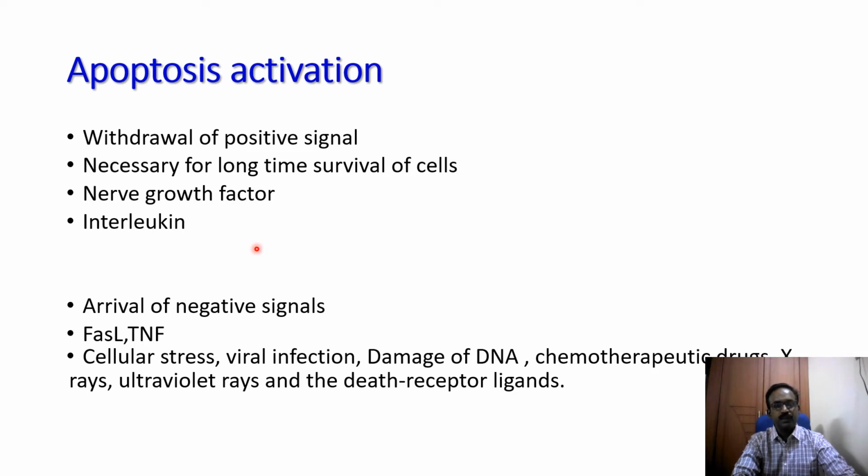So withdrawal of the positive signals activates apoptosis, and arrival of negative signals also initiates apoptosis. Negative signals are produced during various events like cellular stress, viral infections, damaged DNA, chemotherapeutic drugs, X-rays, ultraviolet rays, and death receptor ligands like FAS ligand and tumor necrosis factors. These negative signals initiate apoptosis.